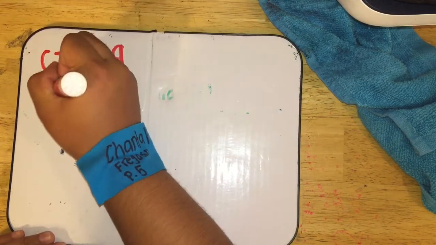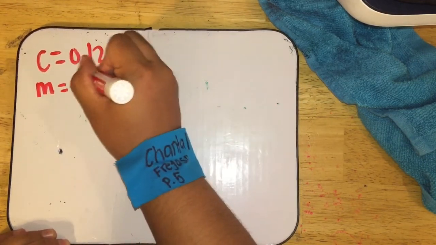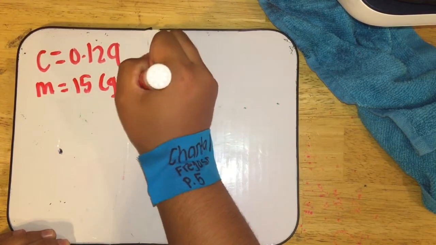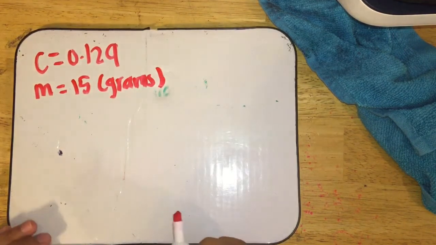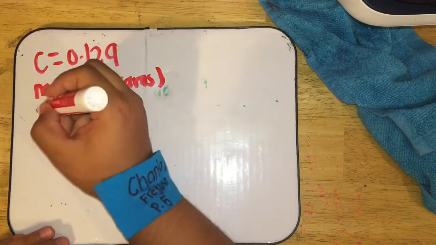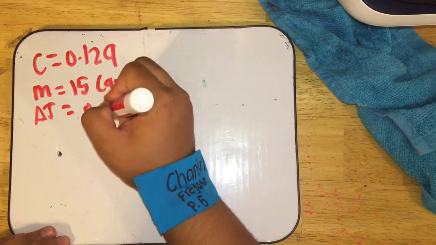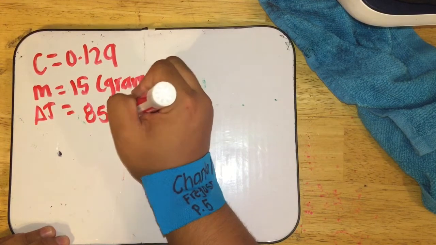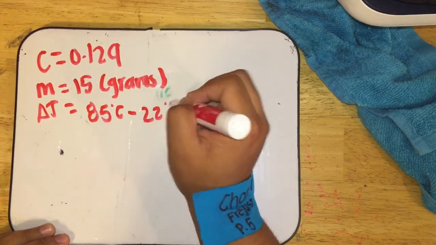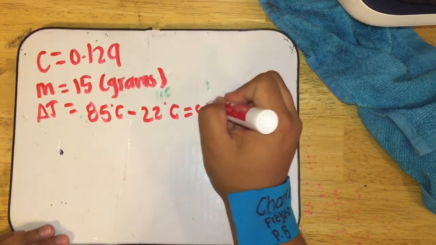So M is equal to 15 grams because of the same thing, as well as triangle T is equal to 85 degrees minus 22 degrees, which will equal 63 degrees.